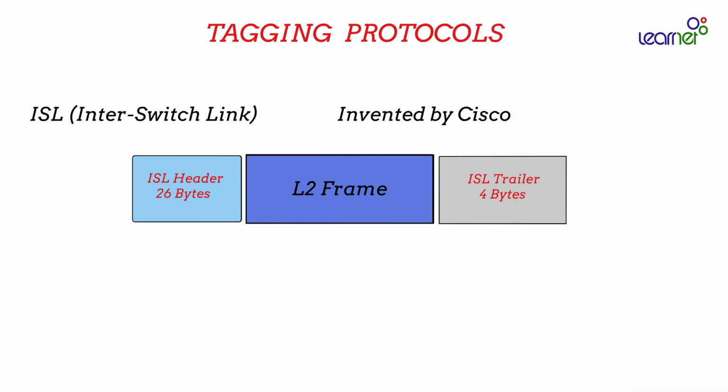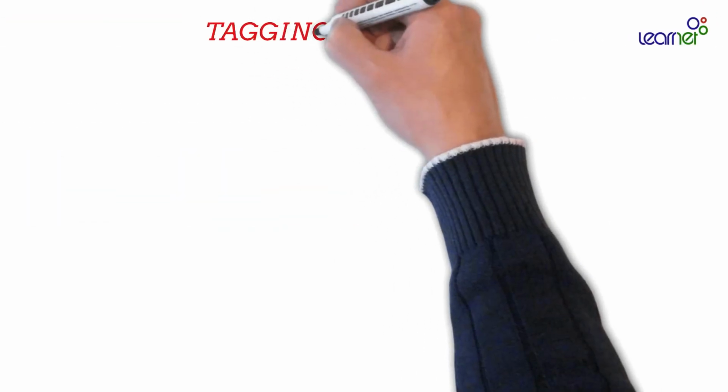The ISL header is 26 bytes and the trailer is 4 bytes. So ISL adds an extra 30 bytes in total to each outgoing frame. Recently, Cisco removed the support of this protocol from its switches.